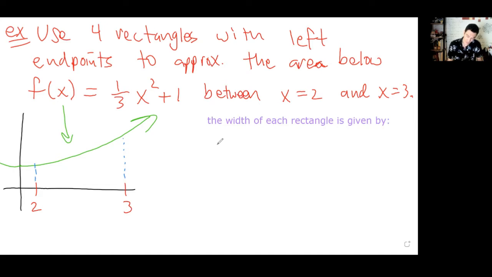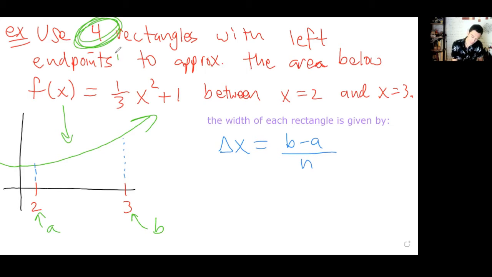The formula goes delta x equals b minus a over n, where 2 plays the role of a and 3 plays the role of b. And of course, 4 plays the role of n.